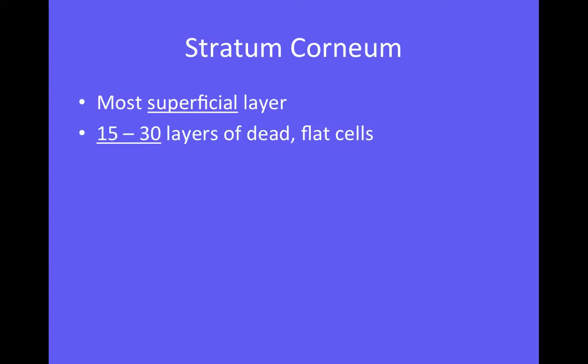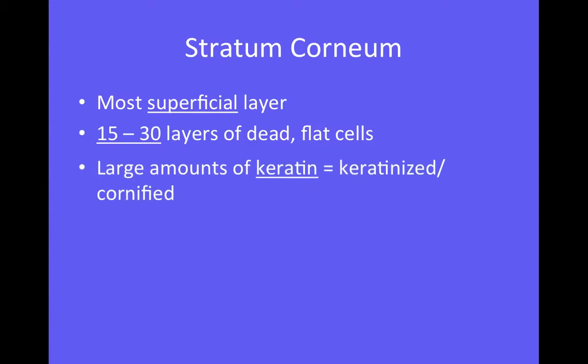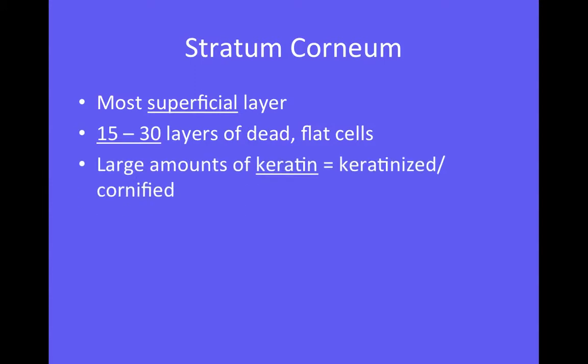In the stratum lucidum or the stratum granulosum, the cells actually die, and at that point they become part of the stratum corneum. These cells have very large amounts of keratin, and because of that we call them keratinized, or you can also call them cornified. I throw that in there just so you can see where the stratum corneum gets its name. These cells are cornified, so we call them the corneum layer.